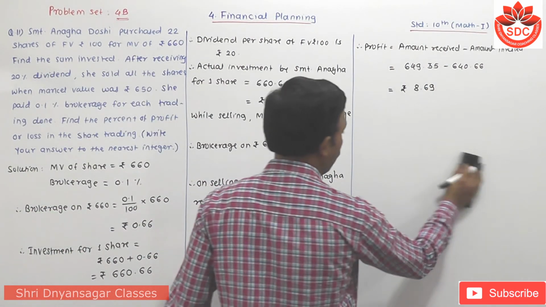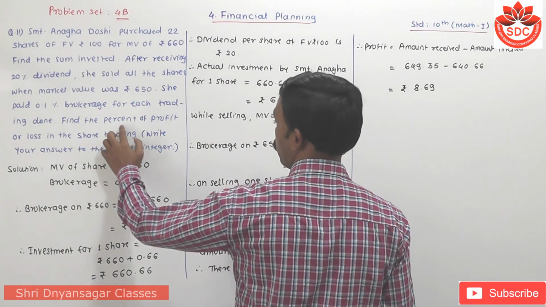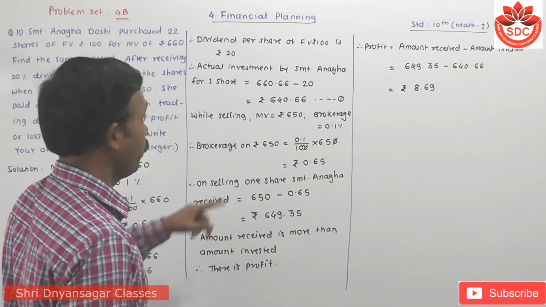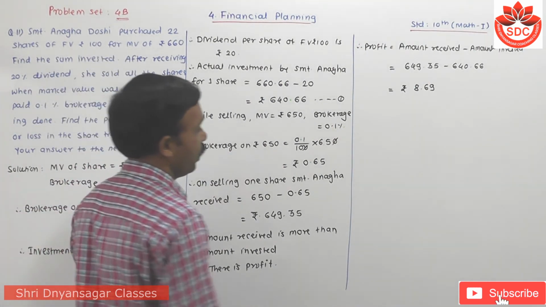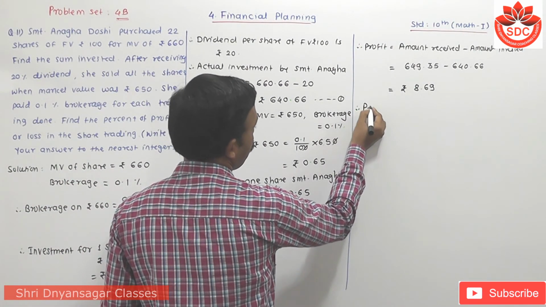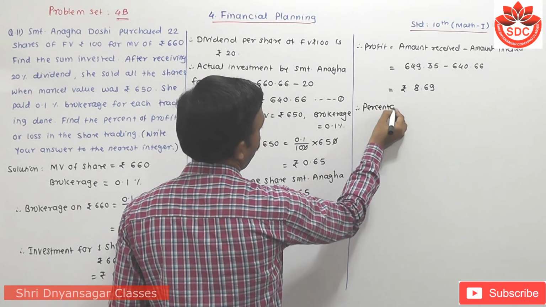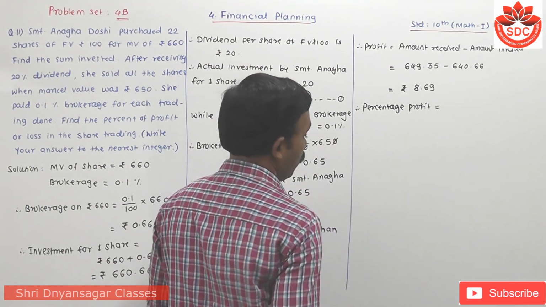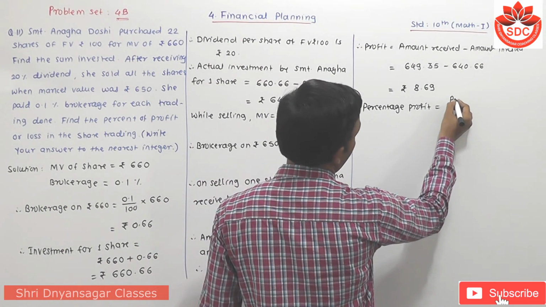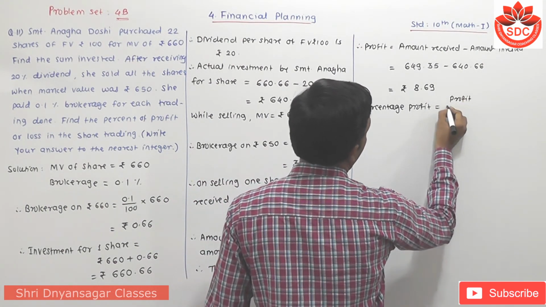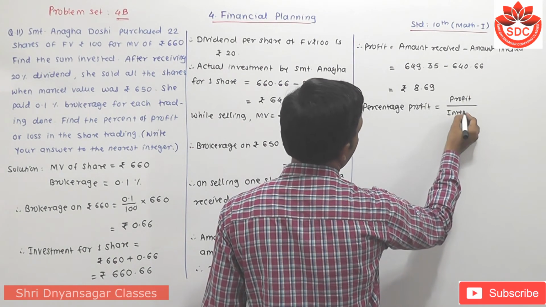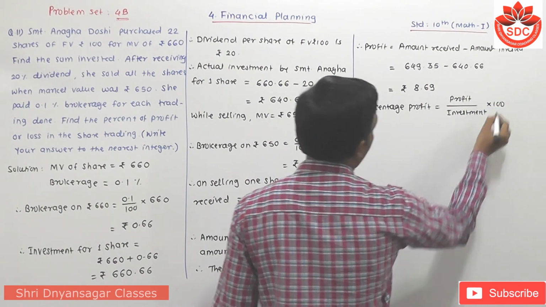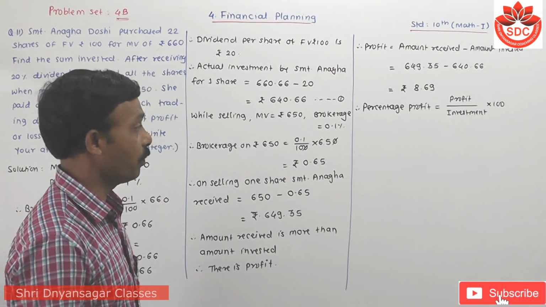Now student, we have to find out the percentage profit, because in this transaction there is profit. Therefore percentage profit is equal to the formula: profit upon investment into 100, because we have to find out percentage profit.